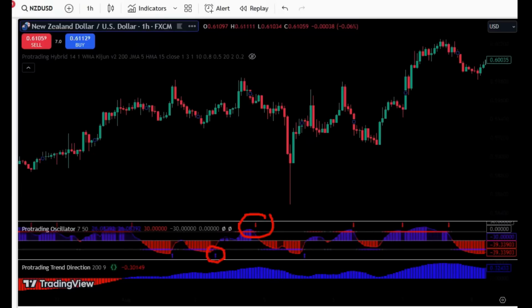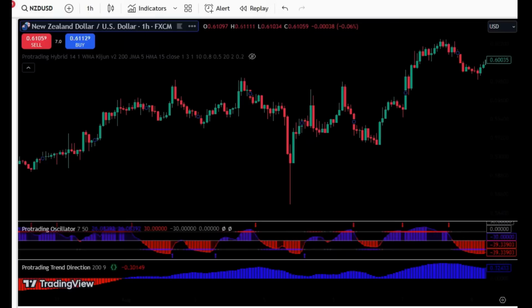An arrow pointing up is telling us this is an opportunity for us to buy the market. When you are getting arrows pointing down, these are moments when it's giving you the opportunity to sell the market. But we'll be explaining this to understand when we have a valid buy and a valid sell signal.